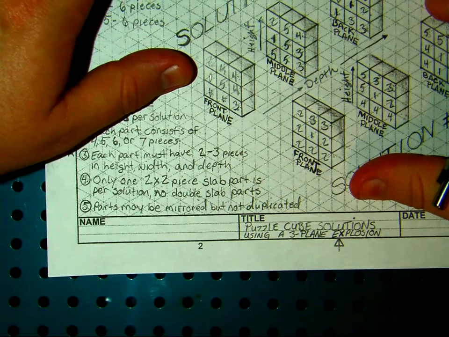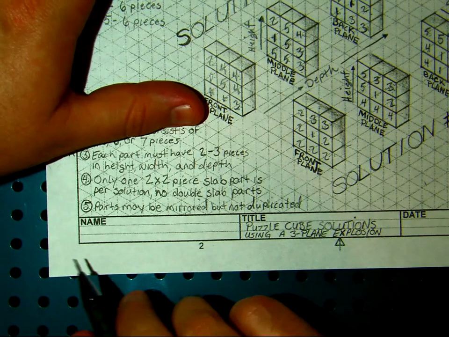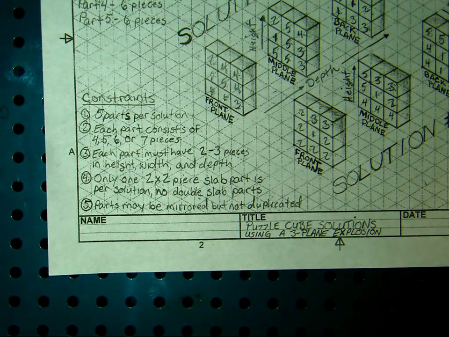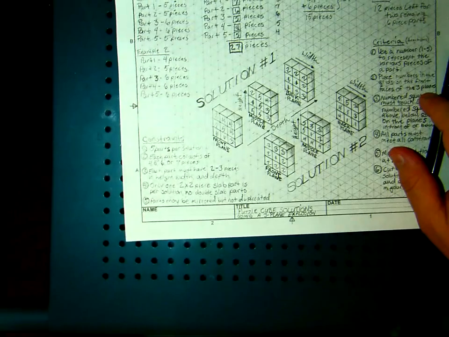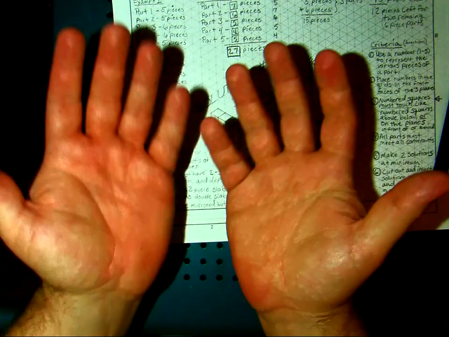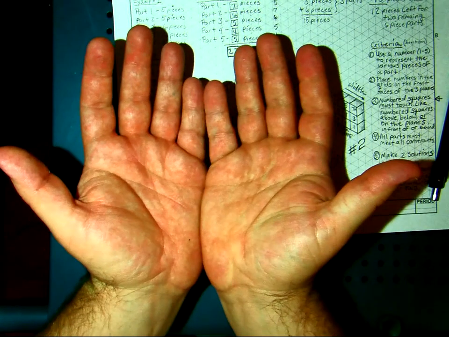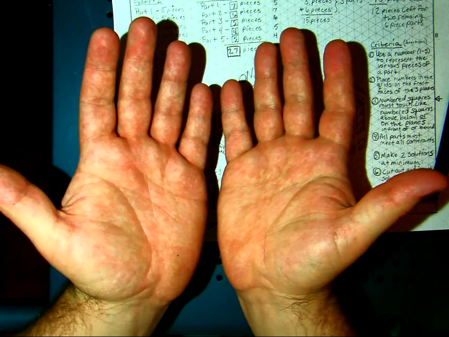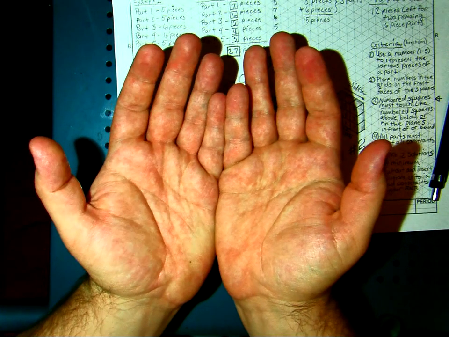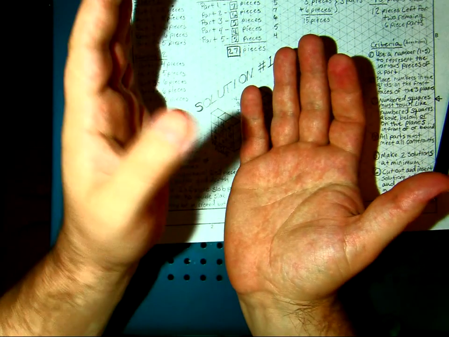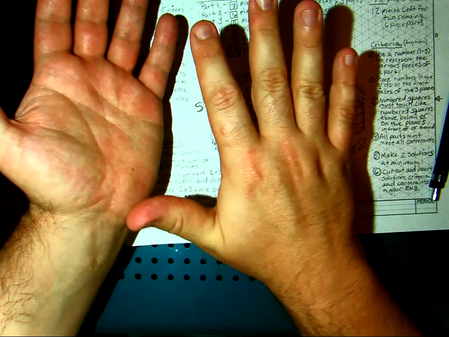The other constraint, the final one, is that parts can be mirrored, but they cannot be duplicated. Now, the best way for me to explain this to you is if you think about your hands. Your hands are mirrored of each other. They're opposites. They're very, very similar, and in fact, they're probably identical, except for the fact that the left one is in a left-hand orientation, whereas the right one is in a right-hand orientation.